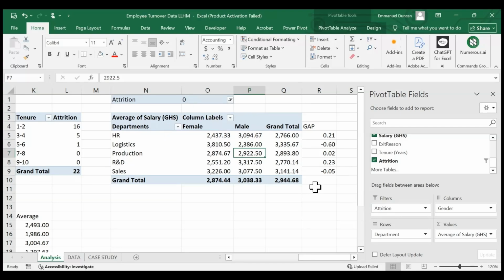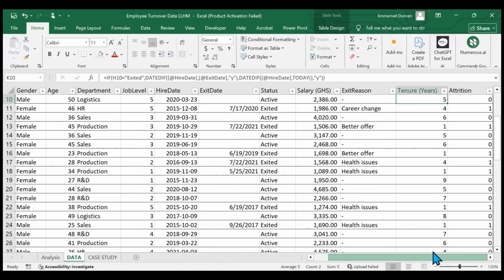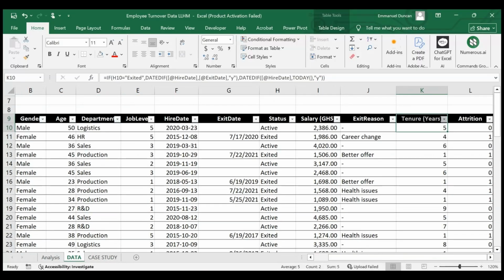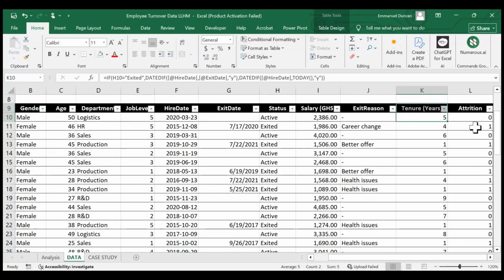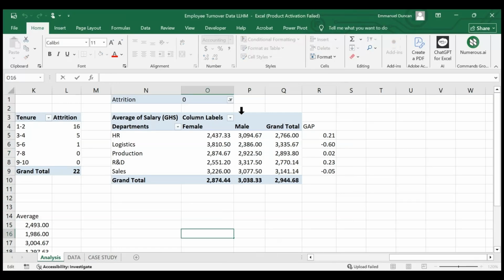Then you realize that from the beginning, I made mention that we are using one to represent those who have left and zero to represent those who are still active. So zero meaning these employees are still with the company.